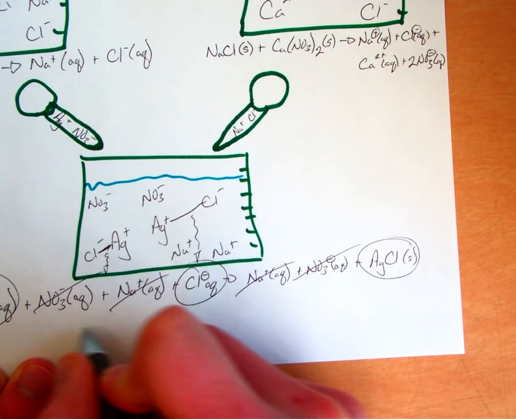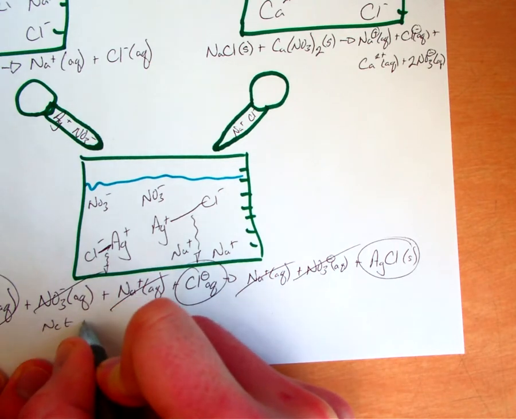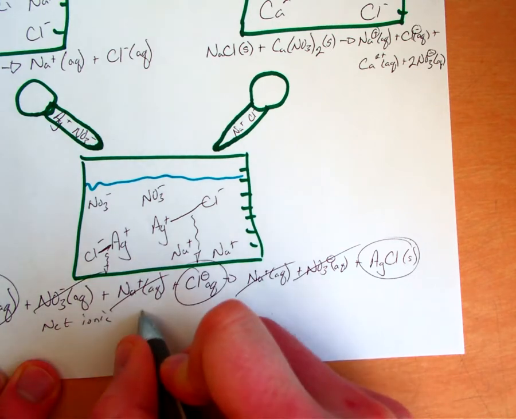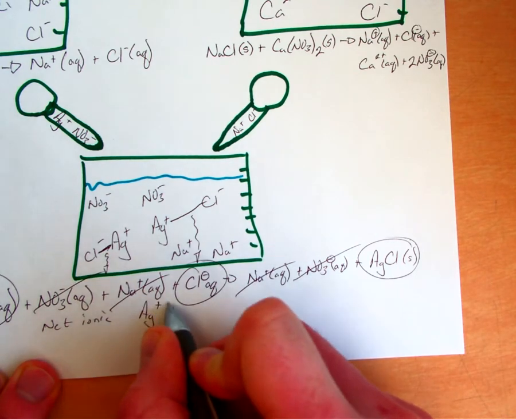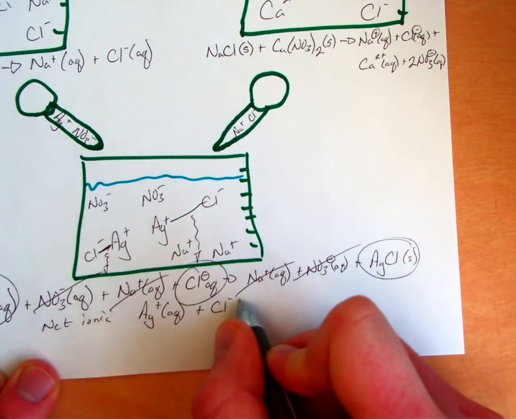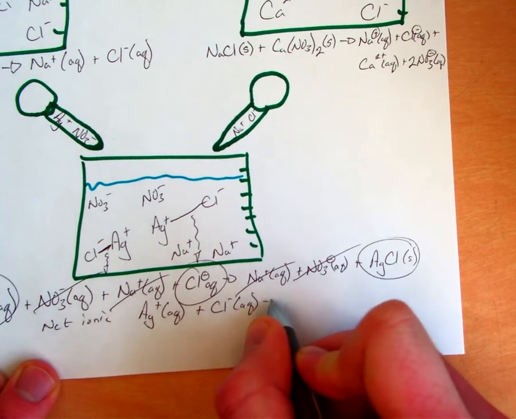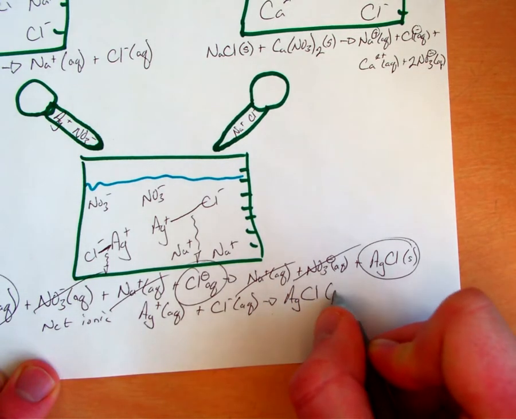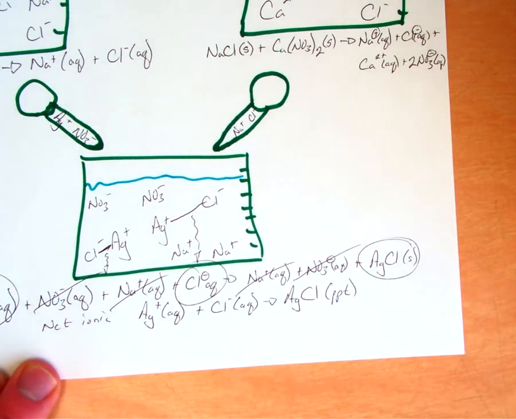So the net ionic equation would then be Ag plus aqueous plus Cl minus, also aqueous, yields AgCl, and here we're just going to write PPT just to be different.